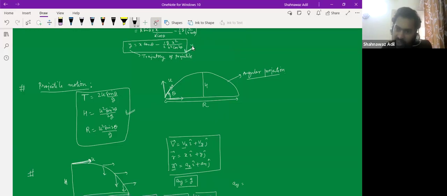This is very, very important. You can do many questions using this one. And then this formula is important. Whenever you have noted down these two, please tell.